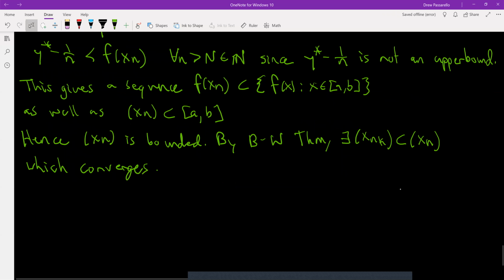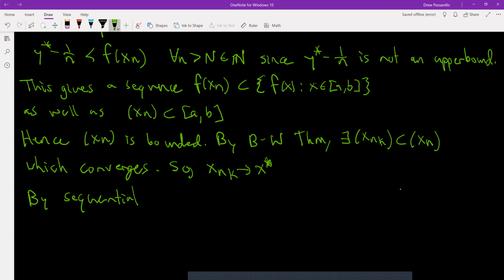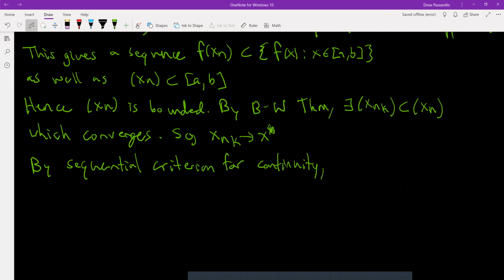Let's say it converges to x star. So by the sequential criterion for continuity, f of x_{n_k} converges to f of x star.